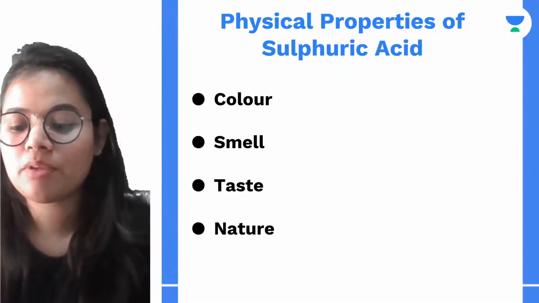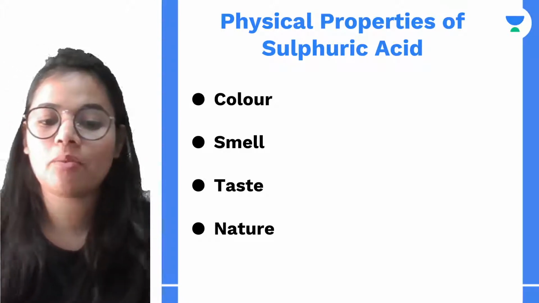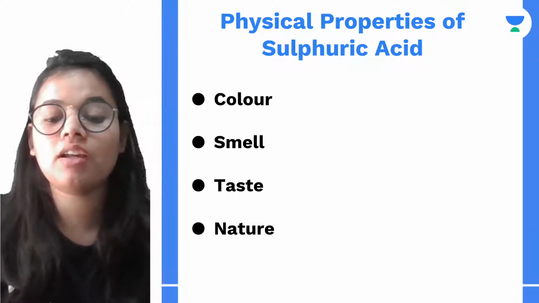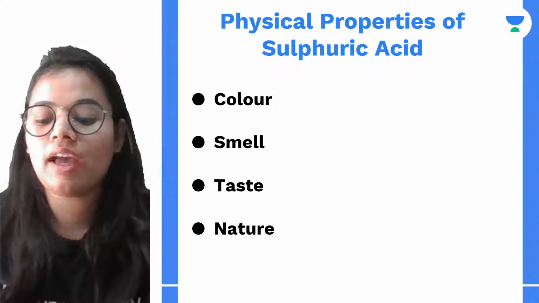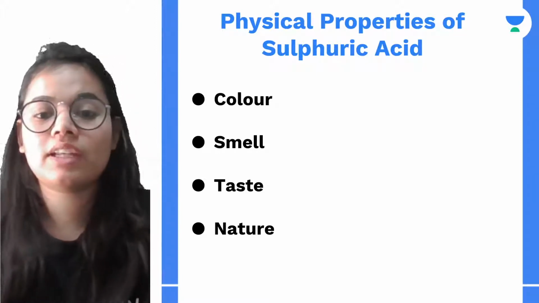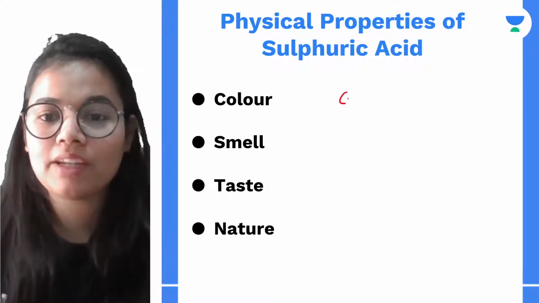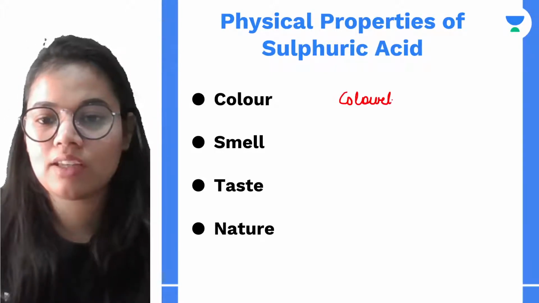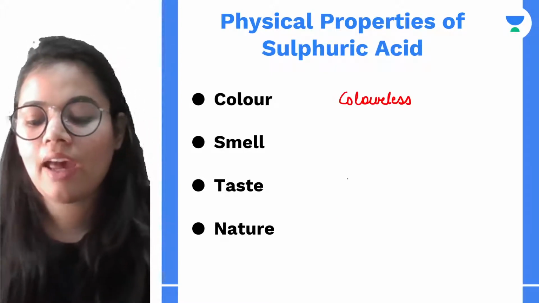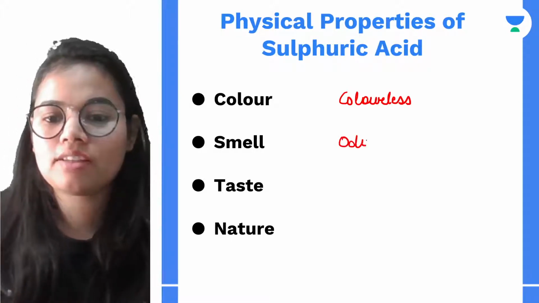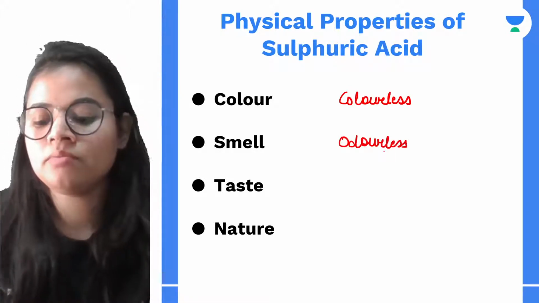Alright, next we will be talking about the physical properties and some of the chemical properties of sulphuric acid. So let's quickly start with color. Sulphuric acid, in its pure form, is colorless. It doesn't have any color and also it doesn't have any smell, so it is odorless.